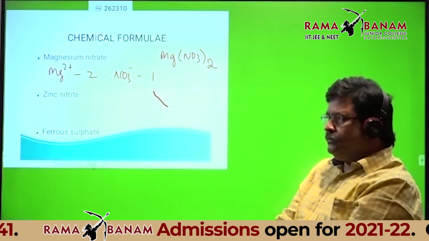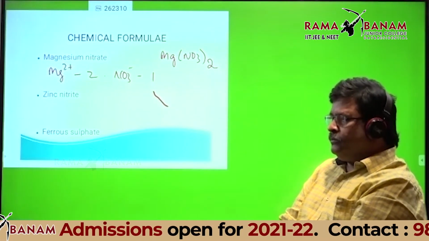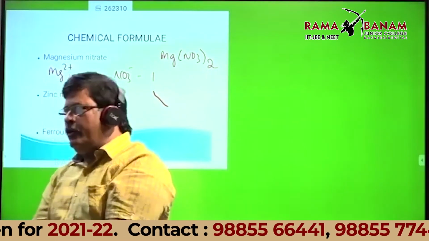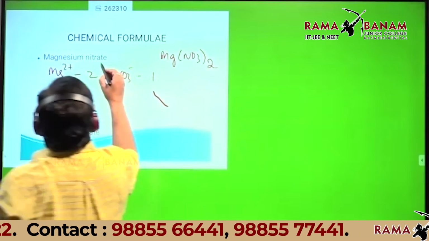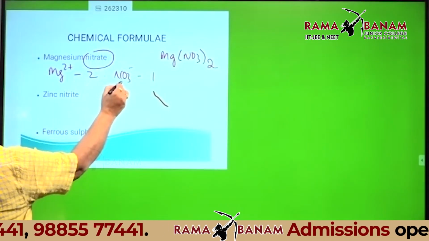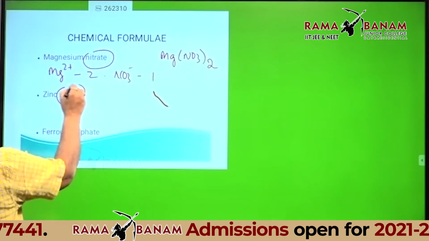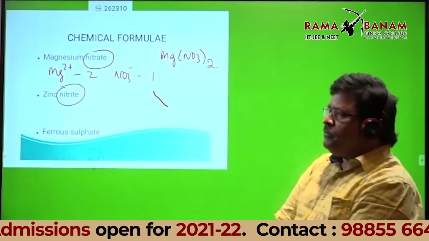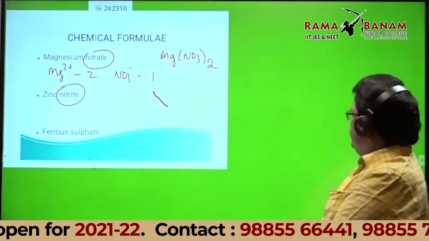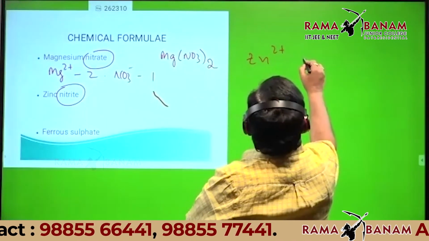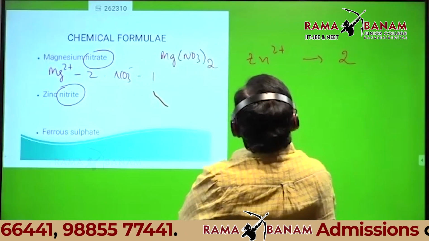NO3 is wrong, Ronit. You should know the difference. In the first case, nitrate, you all told NO3 is the formula of nitrate ion. Zinc nitrate is Zn(NO3) twice, excellent.